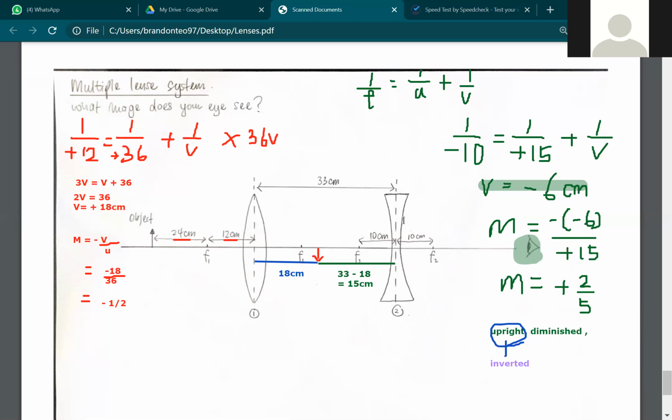Then on the left side, and it's 6 cm from the center. So how do I draw it? It is somewhere here. This blue arrow over here is your final image. The distance from here to here is 6 cm.